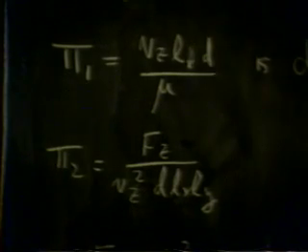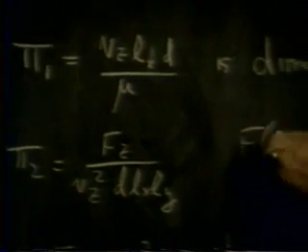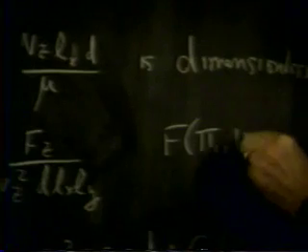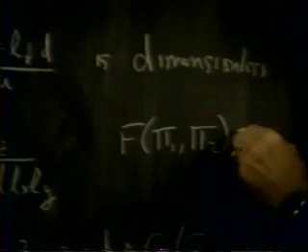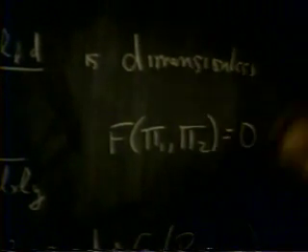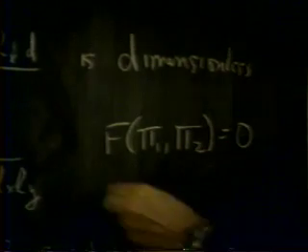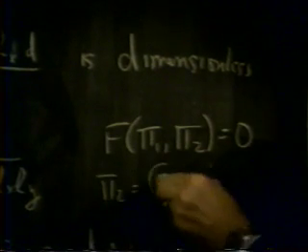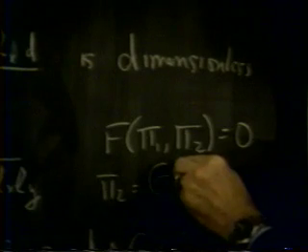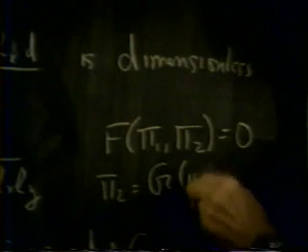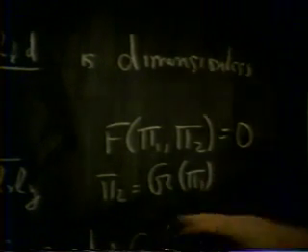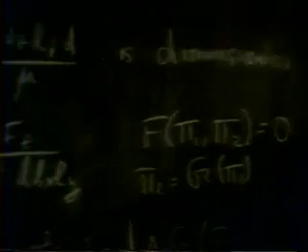So the law is that f of pi 1, pi 2 is equal to 0, or solving for pi 2, we'll get pi 2 is a function g of pi 1. And then if I express what pi 2 is, I get the following expression.